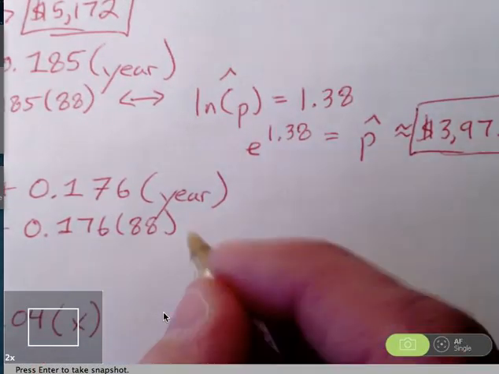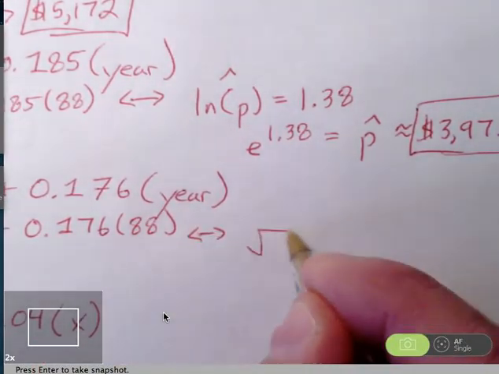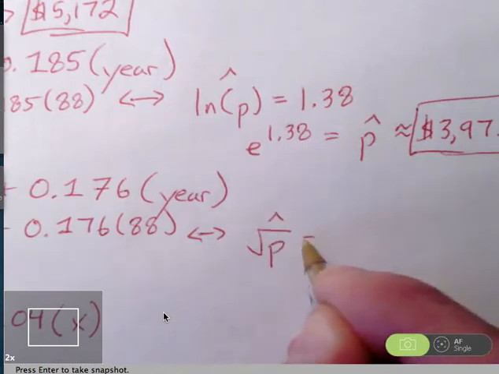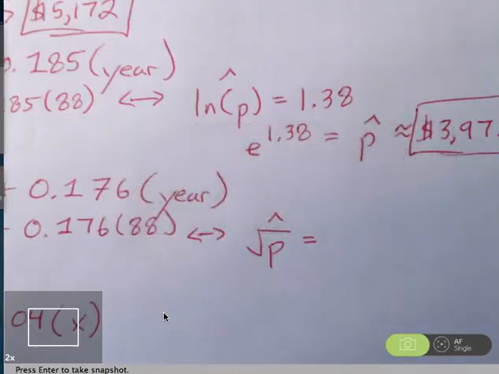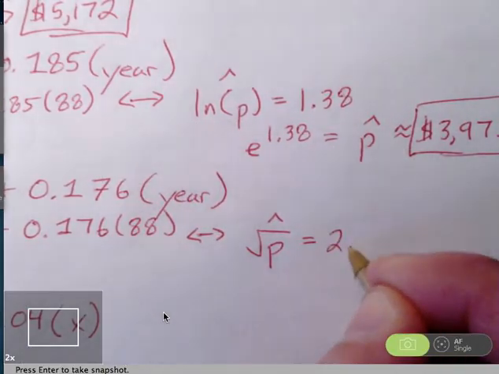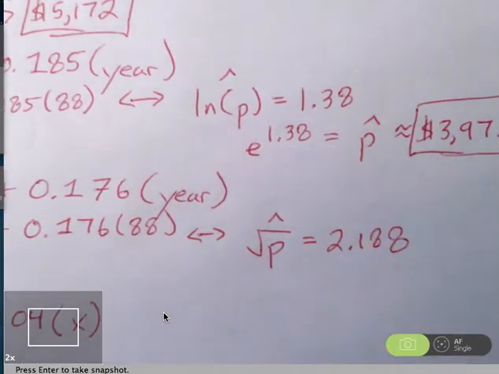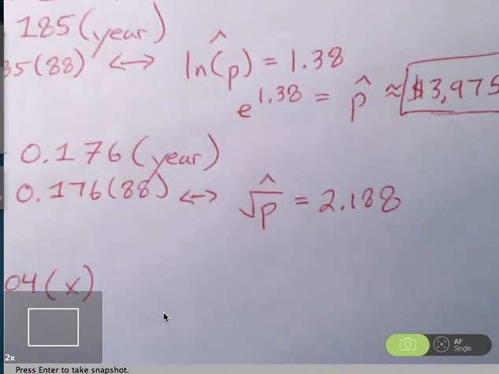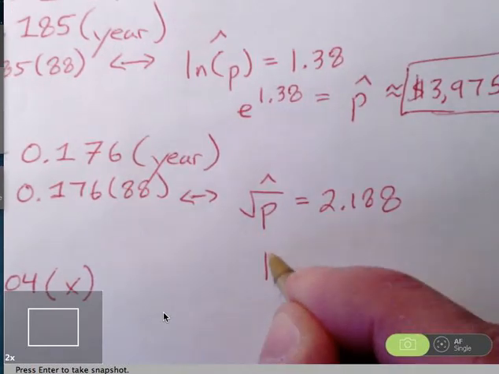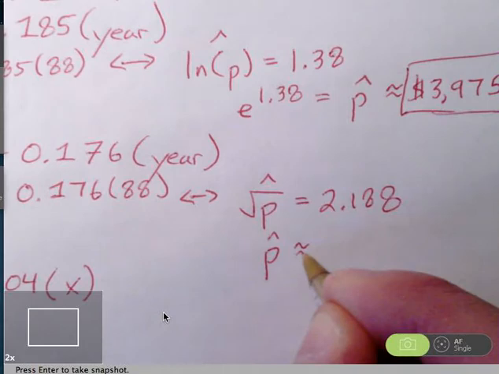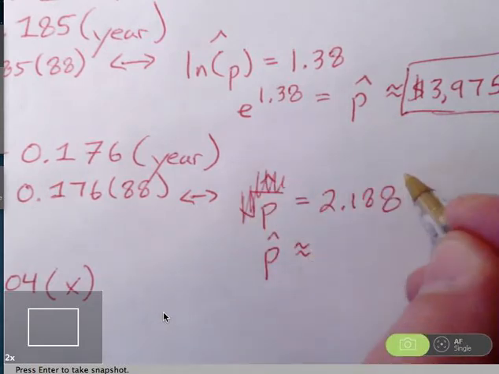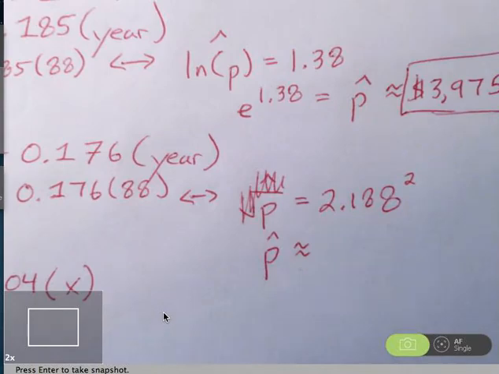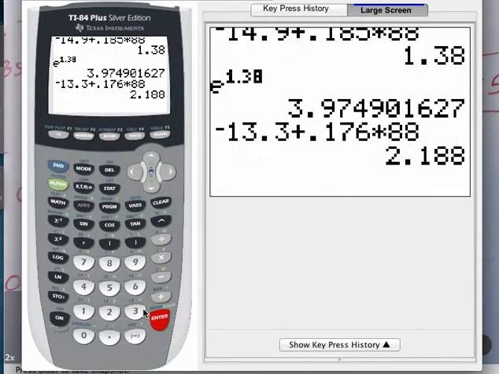So the square root of my price, that prediction, is 2.188. So in order to come up with my price, I need to square both sides to undo the square root. So my estimated price is approximately, if I square both sides to get rid of the square root here, 2.188 squared.